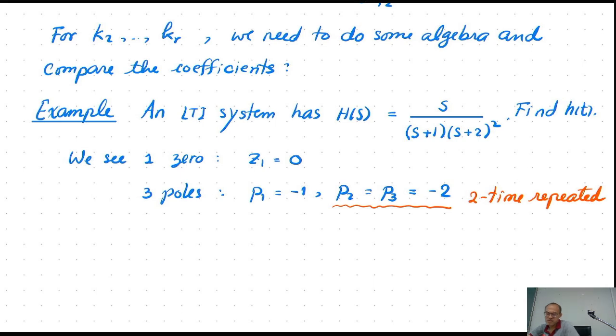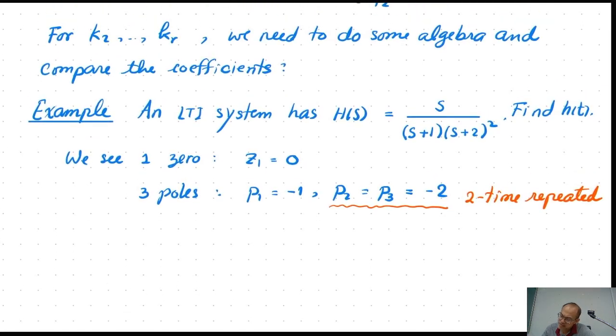Because we have repeated poles, the partial fraction decomposition of this function becomes now -1. The first pole, p1, is not repeated, so you can use this formula to write down the first term, which is over s plus 1.